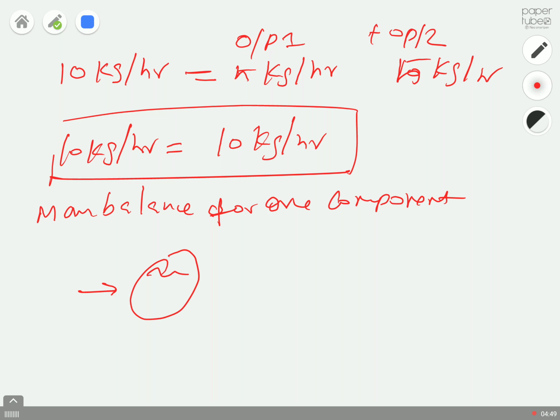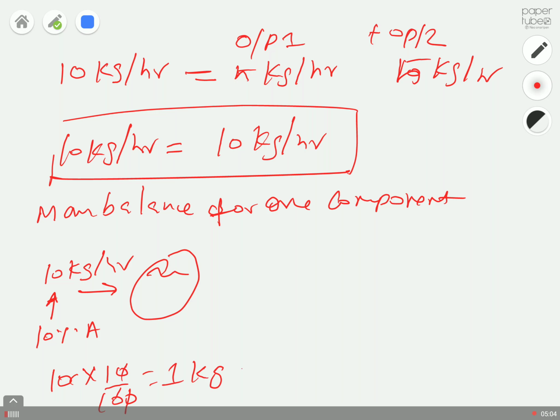I said 10 kilograms per hour goes inside. Out of this 10 kilograms, only 10% is compound A, which means 10 multiplied by 10 by 100, which means only 1 kg of A goes in per hour. So for every hour you are supplying 1 kilogram of compound A.